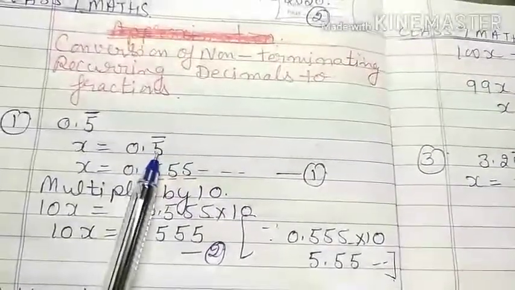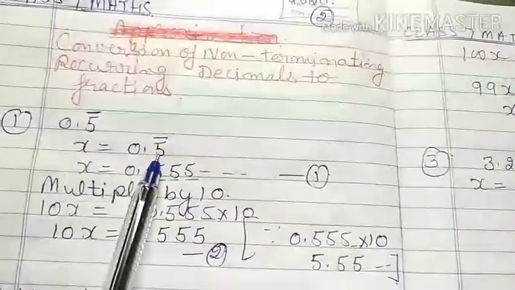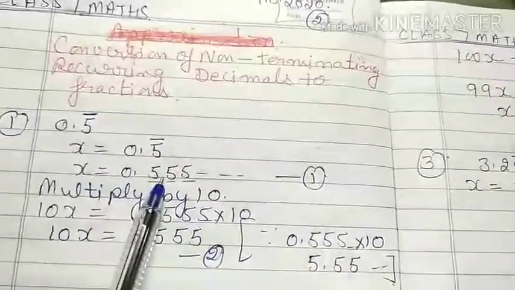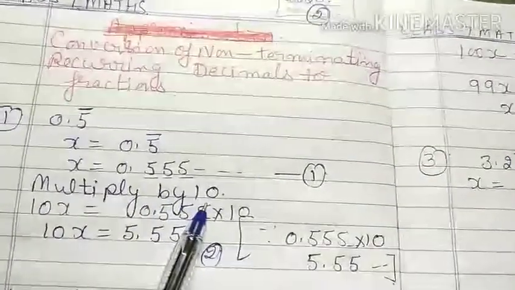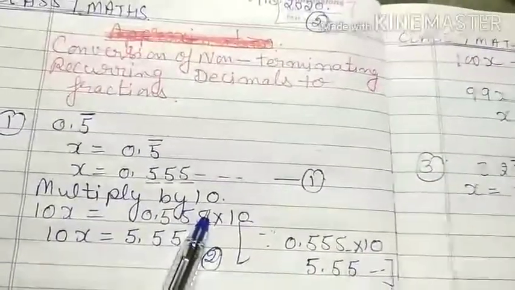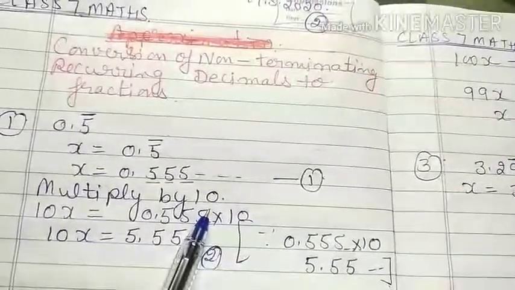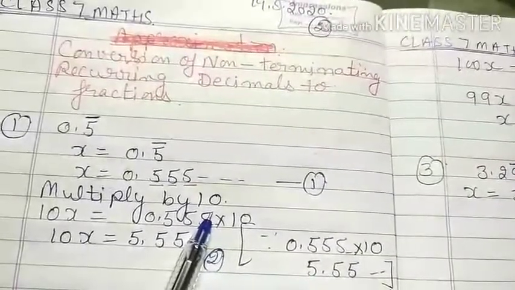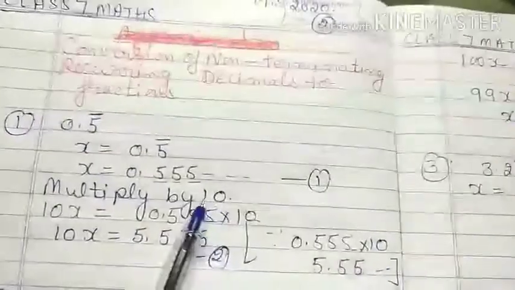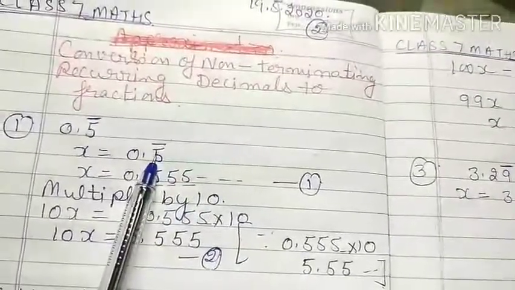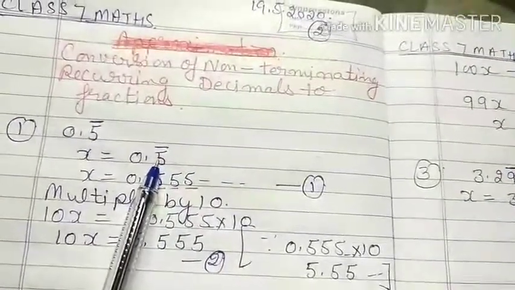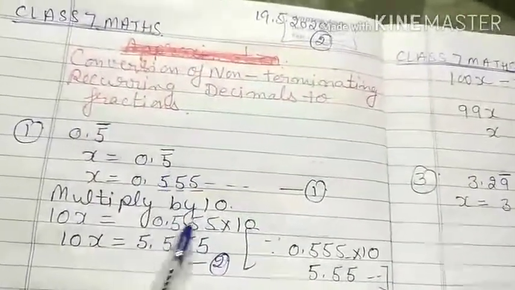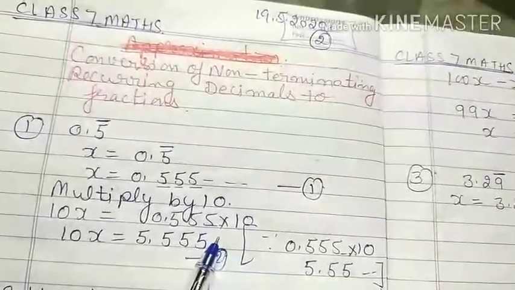If only one digit has the bar line, you multiply both sides, left and right, by a multiple of 10 according to the digits: 10 raised to power 1, which is 10. If 2 digits are repeated, with the bar on 2 digits, then you multiply by 100. According to how many digits are on the bar line, you multiply by a multiple of 10.